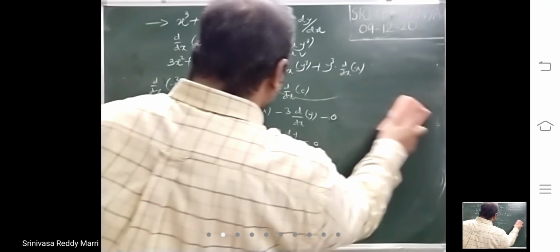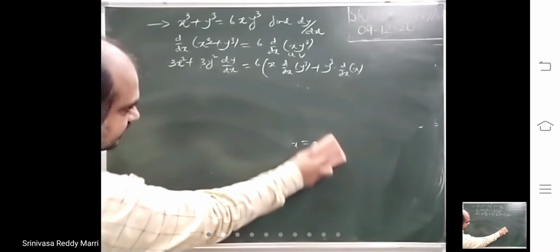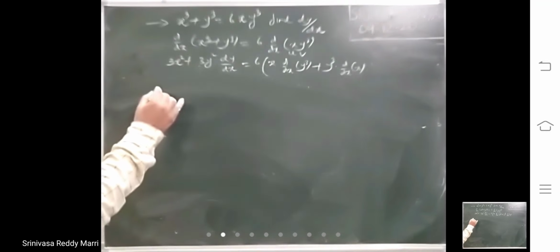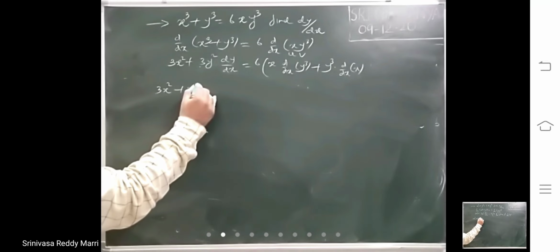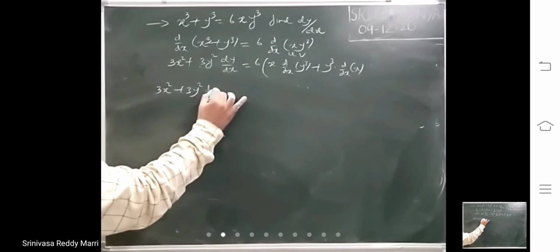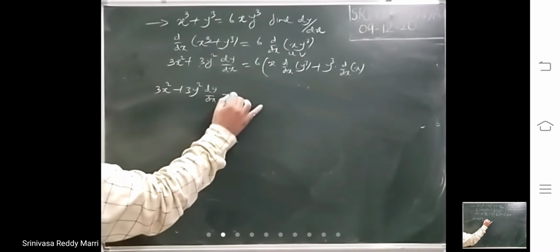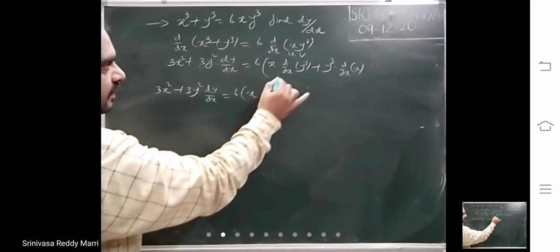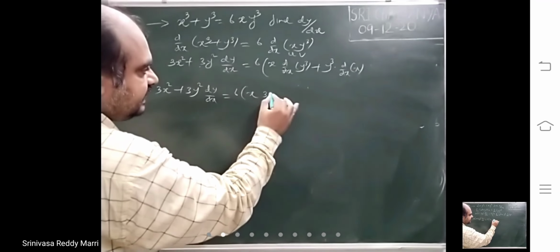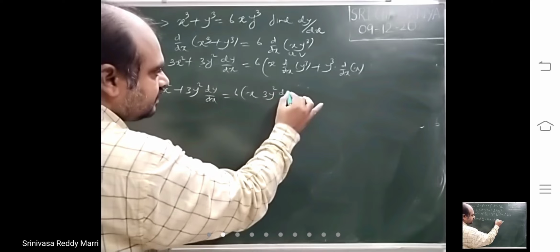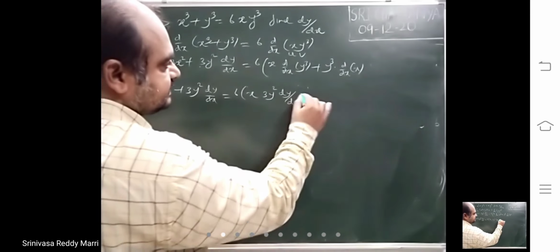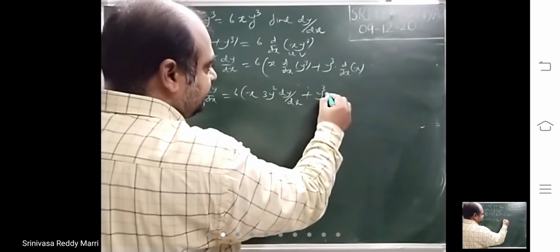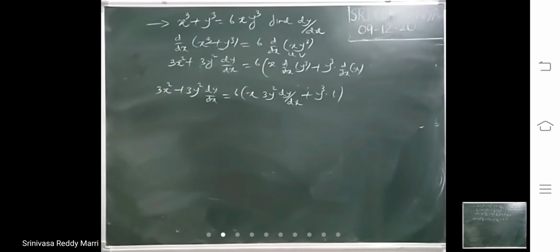That means 3x square plus 3y square into dy by dx equals 6 times x into 3y square into dy by dx plus y cube into 1.